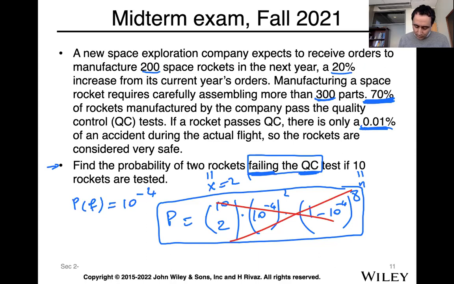The answer is going to be P equals 10 choose 2, times 0.7 to the power 2, times 1 minus 0.7, which is 0.3, to the power 8.